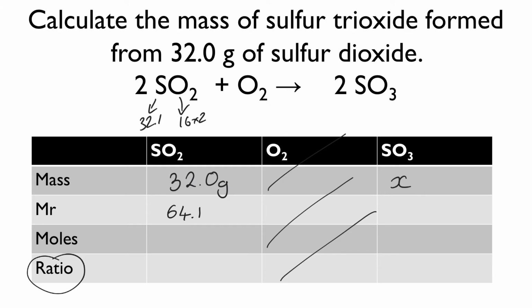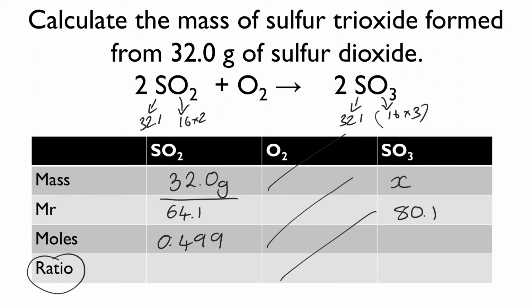The MR of sulfur trioxide is going to be worked out by doing 32.1 plus 16 times 3, which is 80.1.